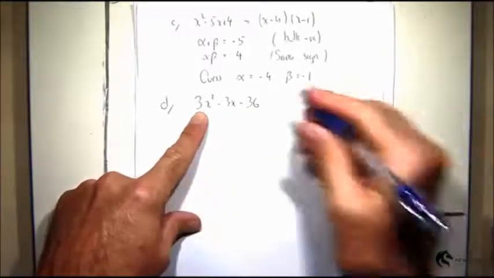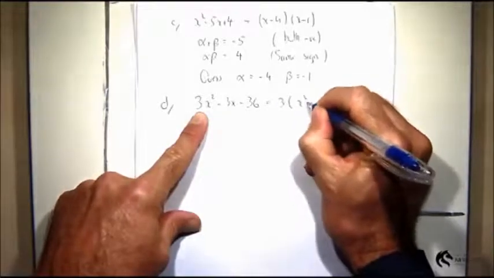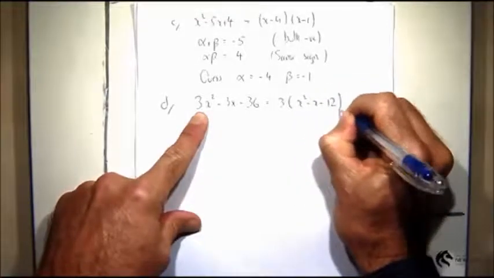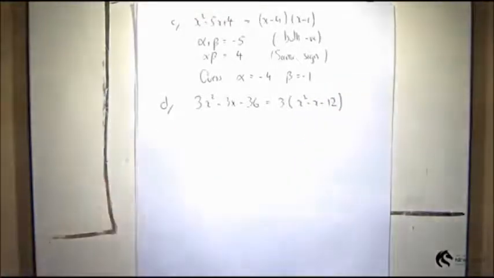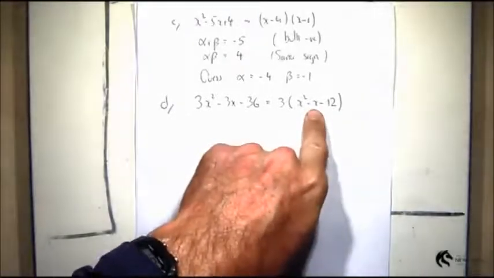So that becomes 3 times x squared minus x minus 12. So in essence, I've actually factorised that already. That's written as a product of two factors. But I think we can factorise fully by factorising this quadratic trinomial as well.